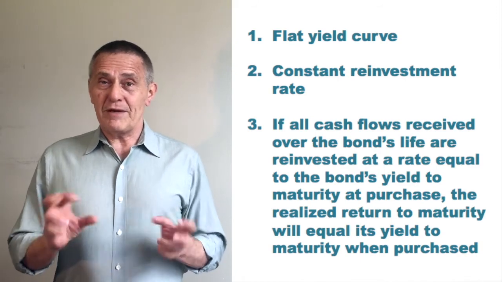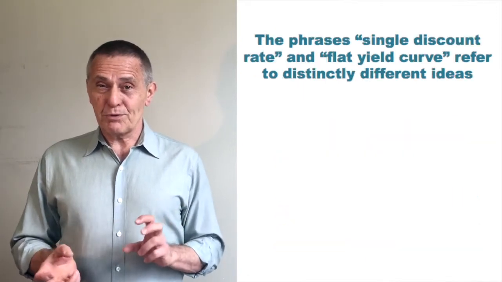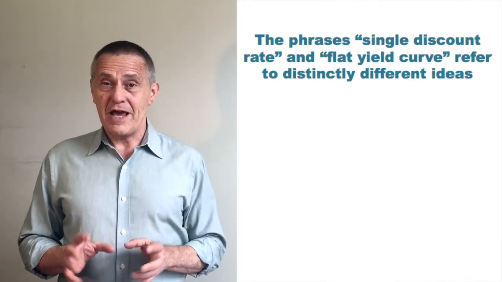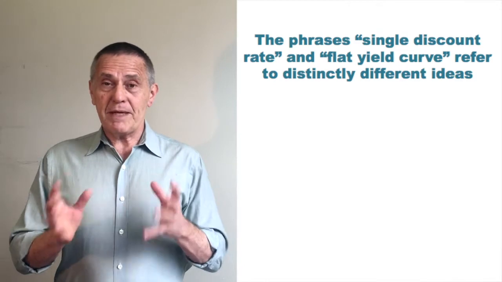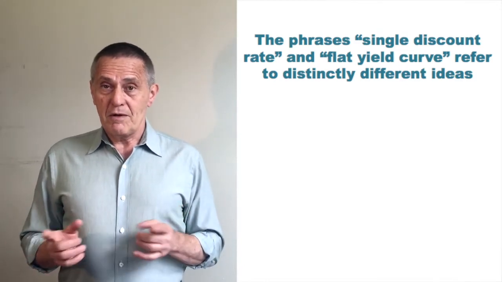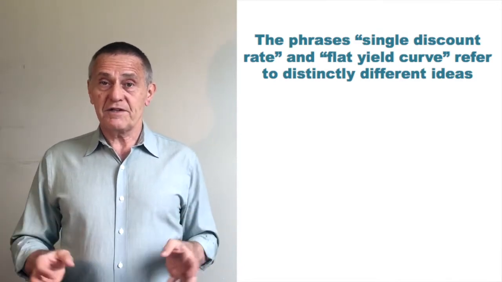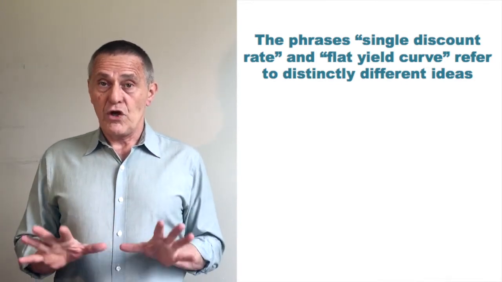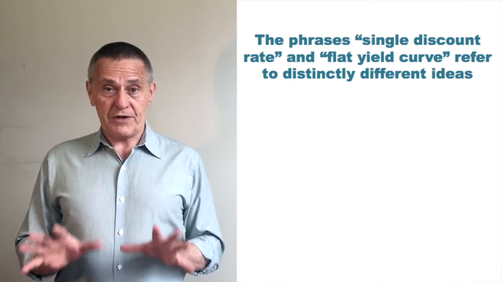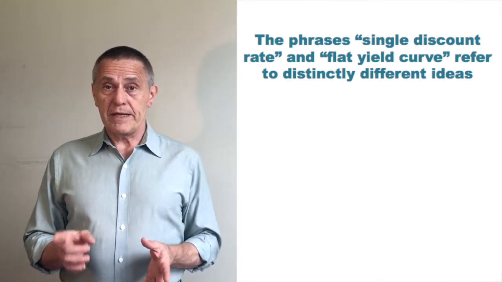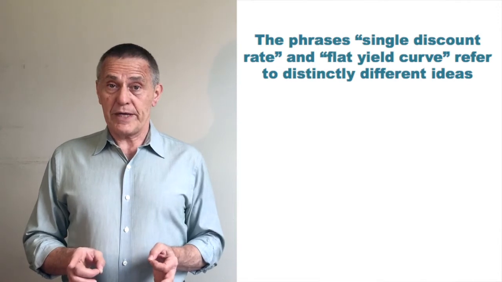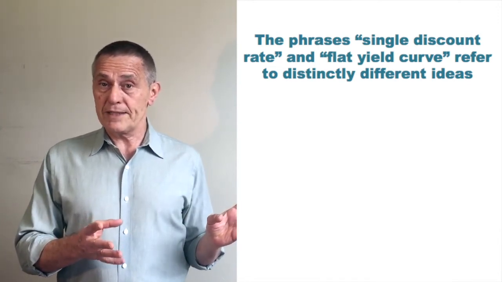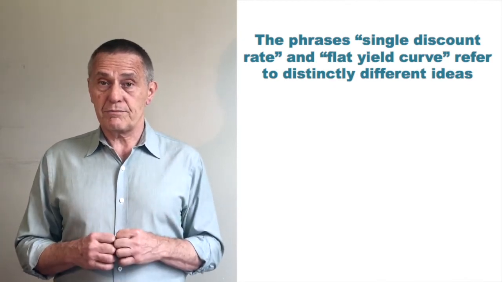Well, that really represents a misinterpretation of a single discount rate versus a flat yield curve. And the confusion is maybe understandable at a superficial level, but it's verbal sleight of hand to convert a single discount rate to a flat yield curve. Note what was said earlier about the computation of yield to maturity: solve for the single discount rate that equates the present value of the contractual cash flows over a bond's life to its current price.